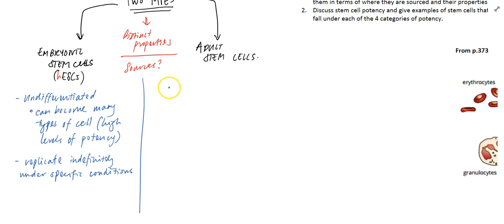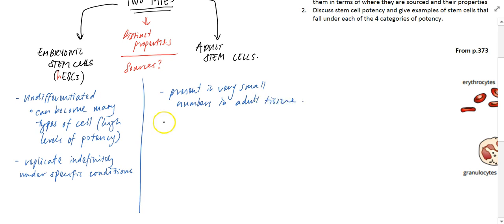Adult stem cells that we'd find in adult tissue, they're present in very small numbers in adult tissue, and they can only give rise to a limited range of cells.